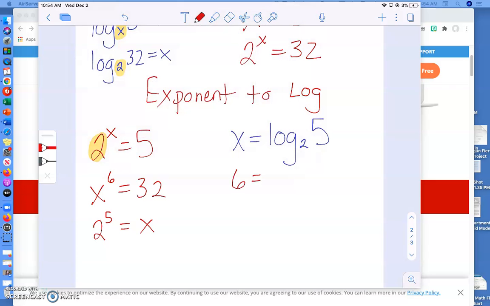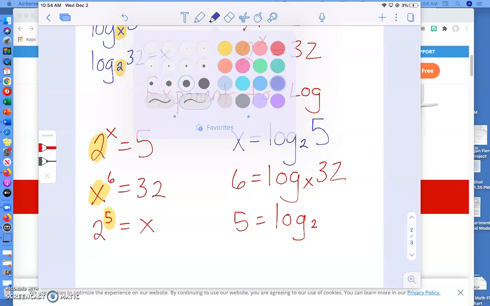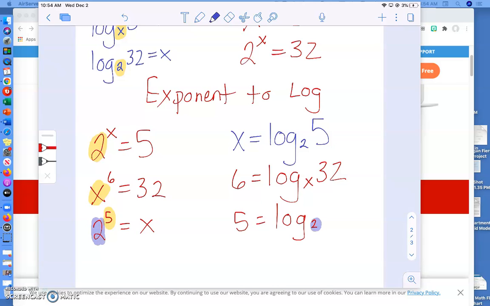So 6 equals log, our base again is x, of 32. It solves for our exponent, so we have 5 equals log base 2 of x. Again, always keep in mind that log solves for our exponent. So we had an exponent, that's on a side by itself. Here's our exponent, that's on a side by itself.